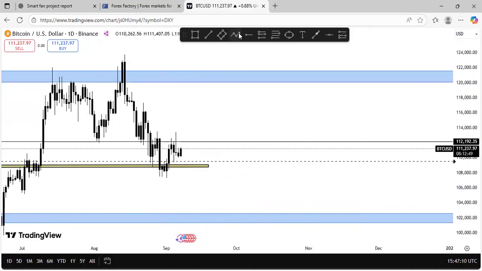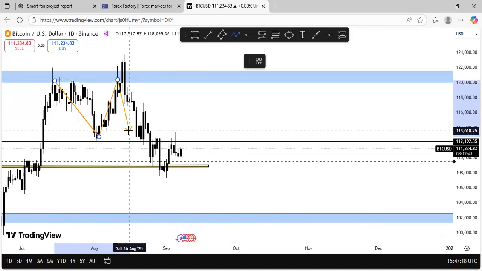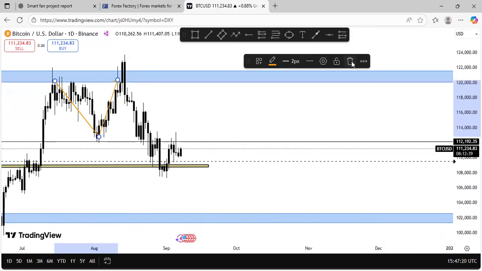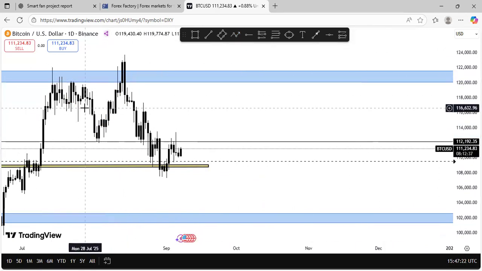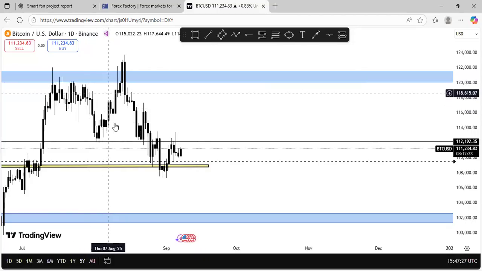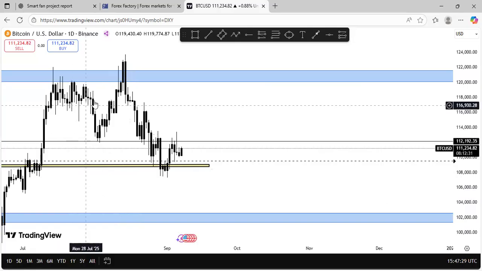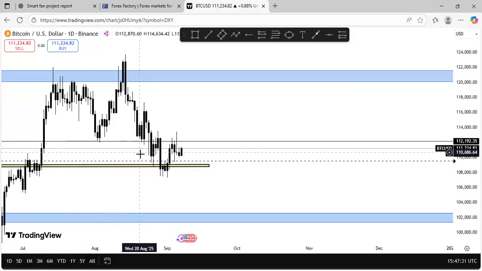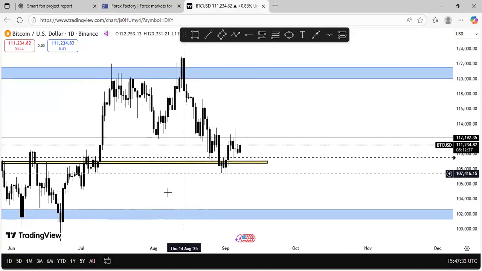On BTC, you see price coming in here to resistance, pushing back down, coming here to resistance, pushing back down. It forms something more like a double top. That's fine. From the double top, it came back down into this level.